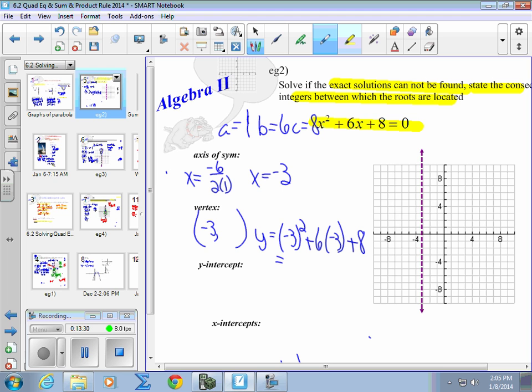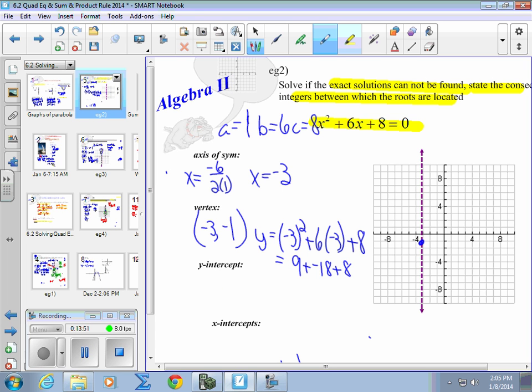So we get 9 plus negative 18 plus 8. So we get y is equal to negative 1. So we have negative 3, negative 1.